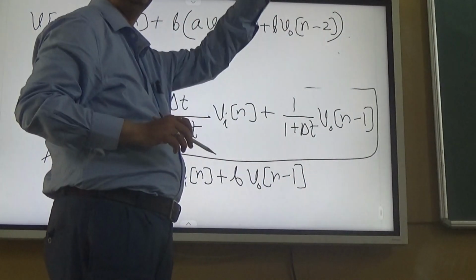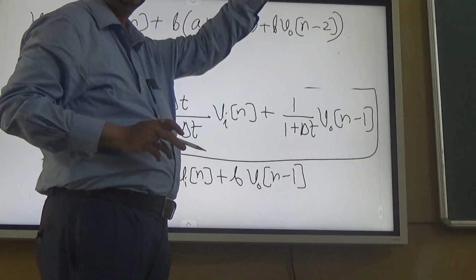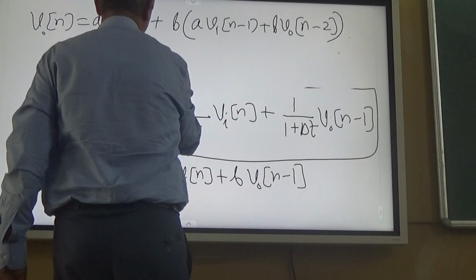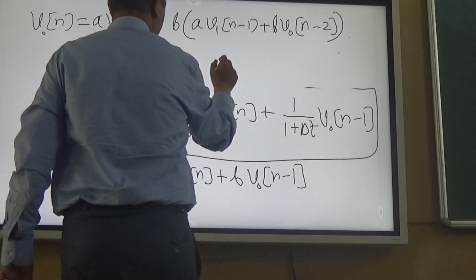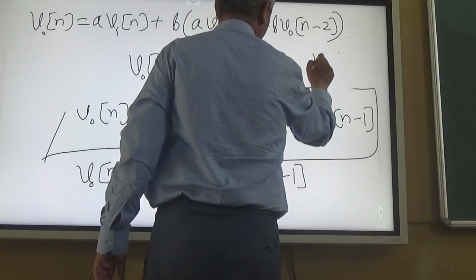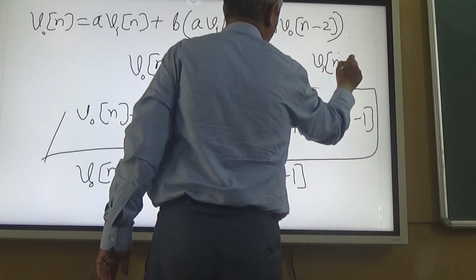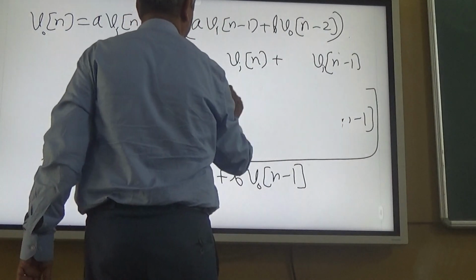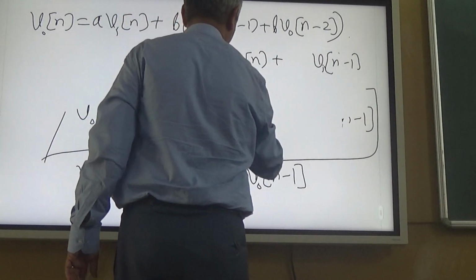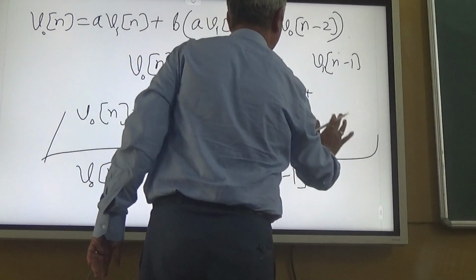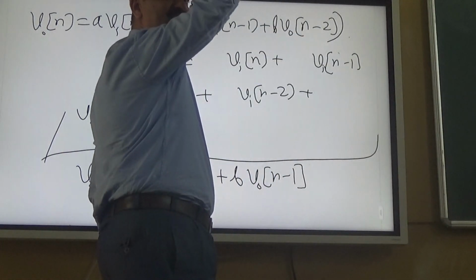Like this. So this you can go on writing, and ultimately what you will get is VON is equal to something into VIN plus some other thing into VIN minus 1 plus some other thing into VIN minus 2 and so on till infinity.